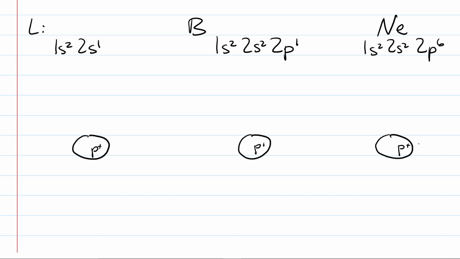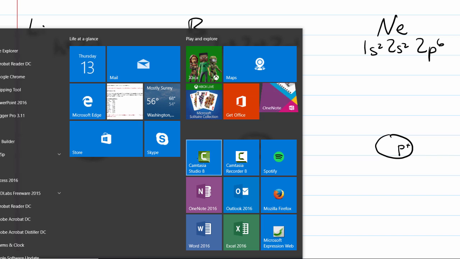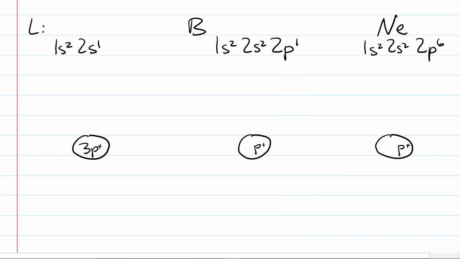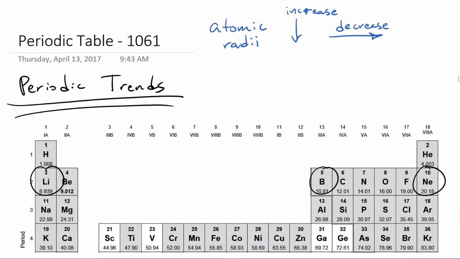Lithium is going to have 3. Boron's going to have 5. And neon is going to have 10. Where do these numbers 3, 5, and 10 come from? Atomic number. Remember that the atomic number is the number of protons in the nucleus for each of these elements.